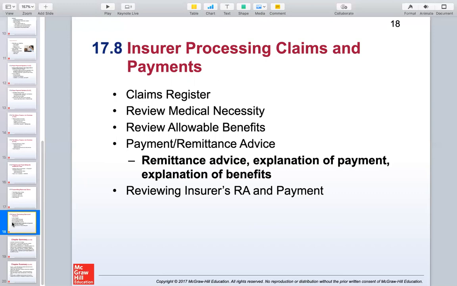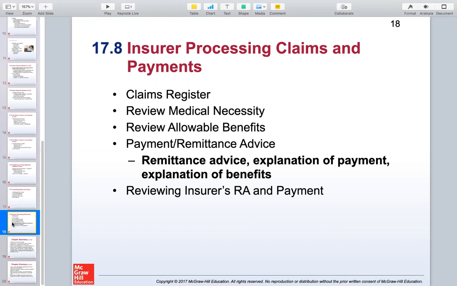And this is just a breakdown of when the patient was seen, the CPT code, description of it, what the allowable charges are, what the insurance will be allowed to pay, what they've paid, and then what the patient will be responsible for.